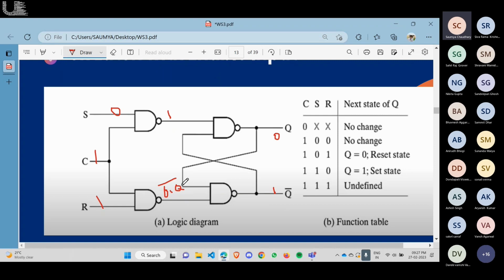So here it is coming as Q. So Q dot 0 will give 0, and prime of 0 will be 1. So Q prime will be 1. And here, if Q prime is 1, then Q will be 0. We're getting Q as 0.